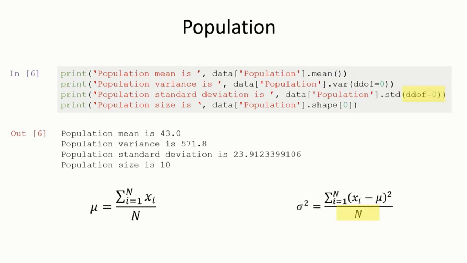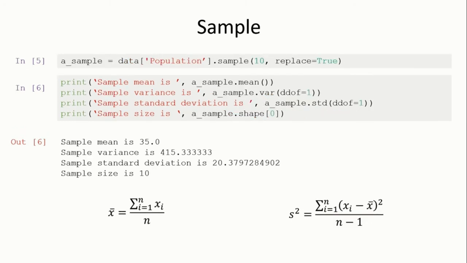In calculating var and std, we set the keyword ddof as 0, which means the denominator of the population variance is n, which is the number of the population. Dot shape, as described in the previous module, gives the size of the data frame in rows and columns. We use .shape[0] to display only the number of rows.